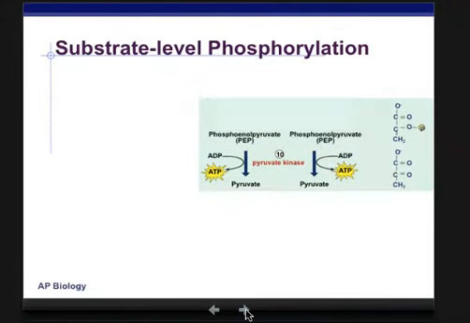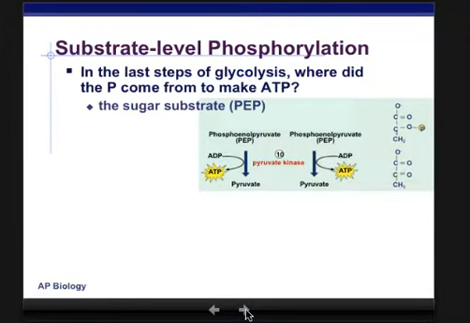Okay, substrate-level phosphorylation, the last part. And the last steps of glycolysis, okay, where did the phosphate come from to make ATP? Well, it came from the sugar substrate PEP. That last sugar, the phosphoenolpyruvate, the PEP, still is a 3-carbon sugar with a phosphate attached to it.